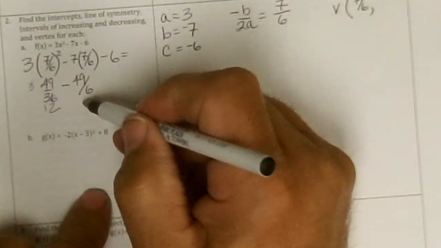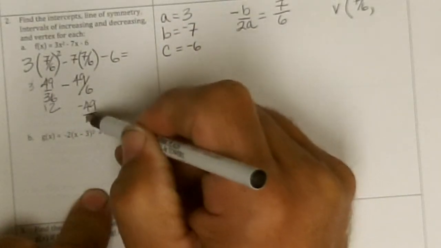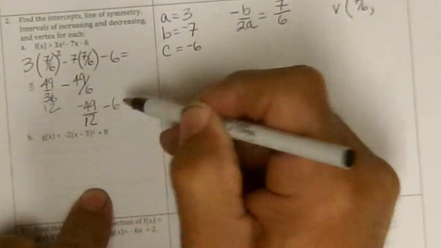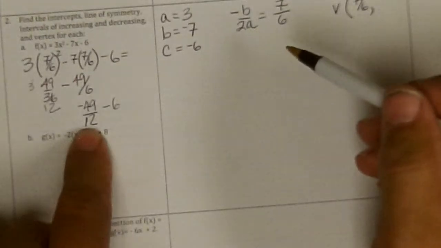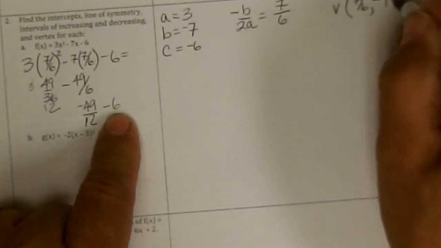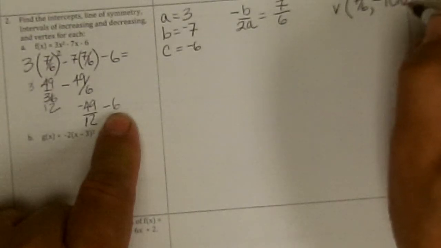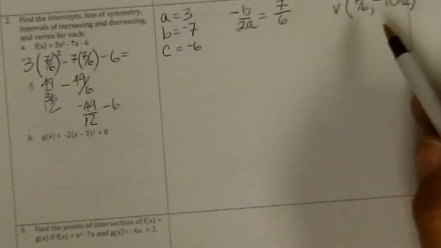So we're going to end up with -49/12 minus 6. 49/12 is 4 and 1/12, so we got 10 and 1/12. -10 and 1/12. Alright, so now we got the vertex.